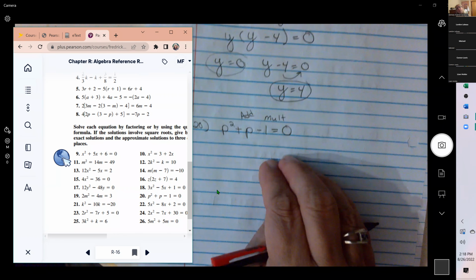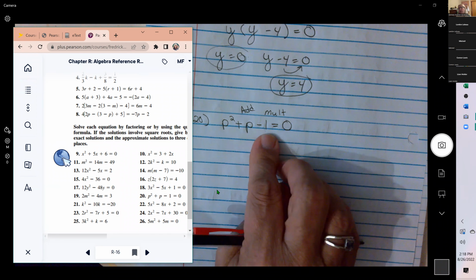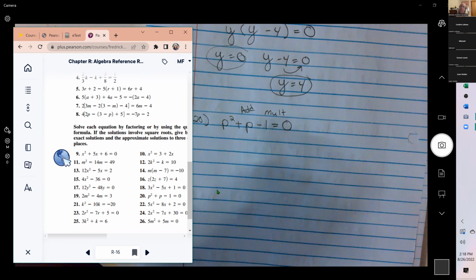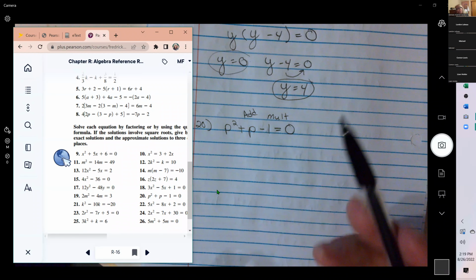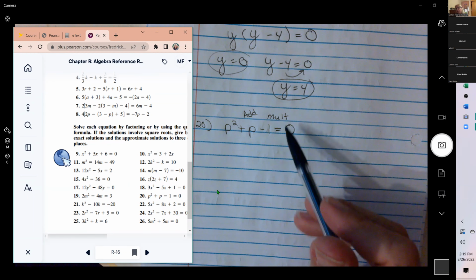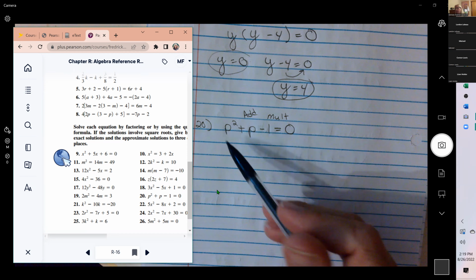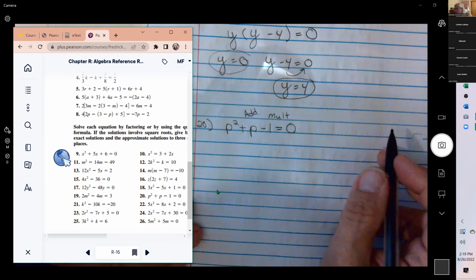Are there 2 numbers like that? Nope, there isn't. So this one's not factorable. And this is a case where you need to know how to use the quadratic formula. So since this will not factor, we have to use the quadratic formula.